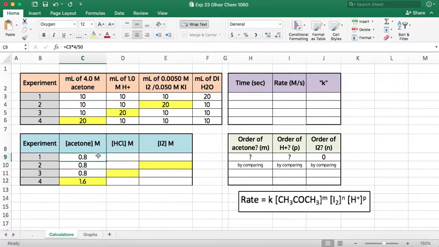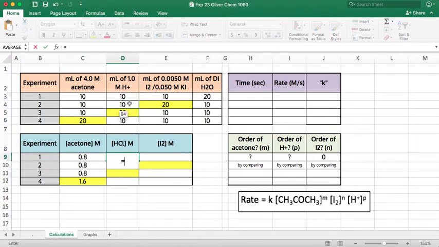So, in experiment 1, 0.8, 0.8, 0.8, and now it doubles, which makes sense because up here we added twice as much of it. Moving on. Equals 10 milliliters times the concentration is 1 divided by total volume 50 milliliters.